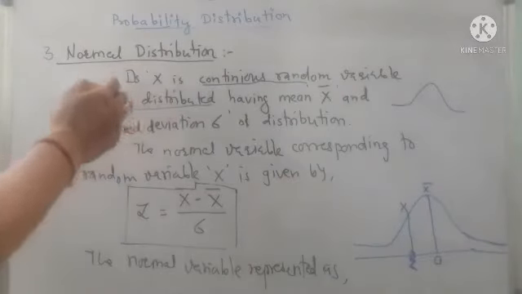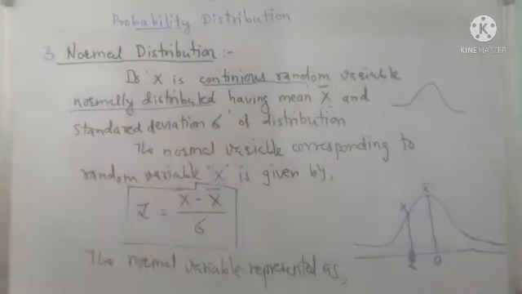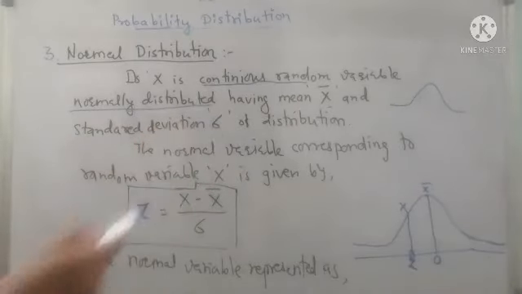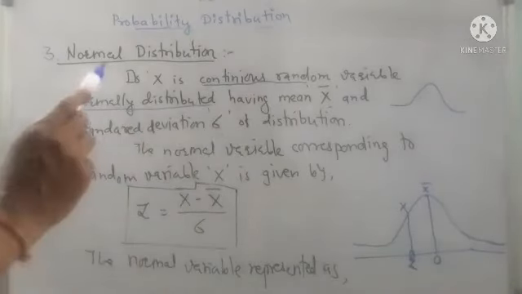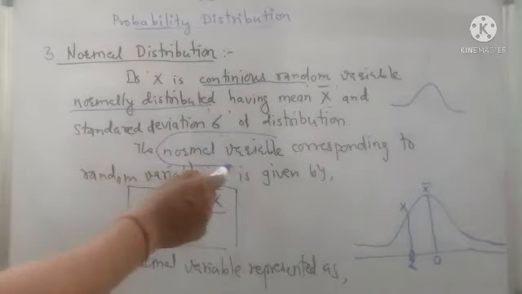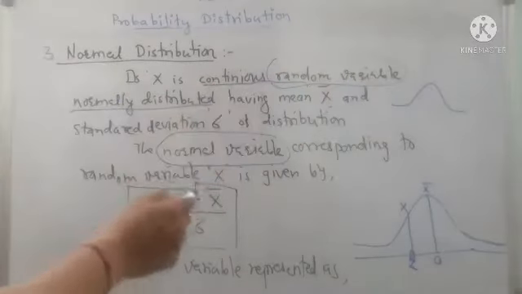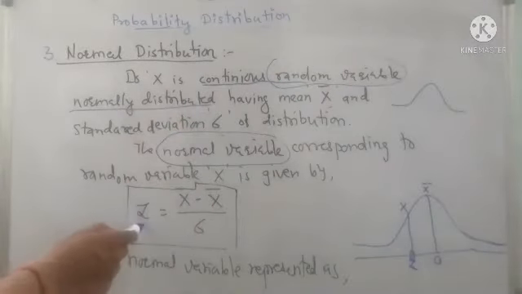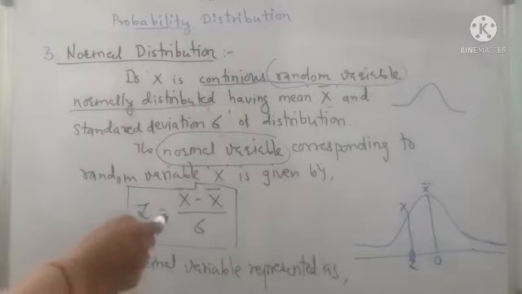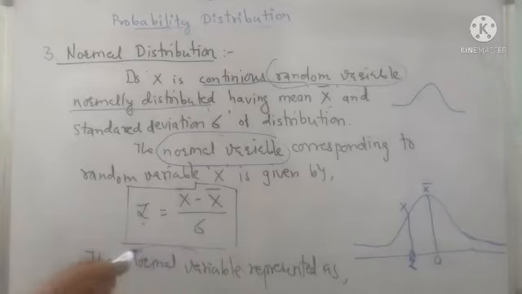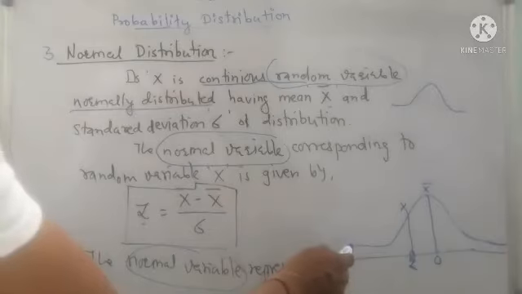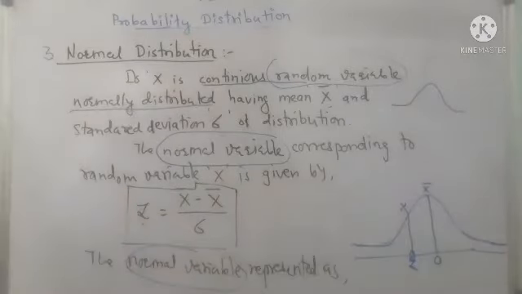Now, this normal distribution has mean x bar and standard deviation sigma. Then this random variable x is converted into a normal variable, which is denoted by z, given by z = (x minus x bar) divided by sigma. This normal variable can be represented in this graph, which shows a bell shape, that is the normally distributed random variable.